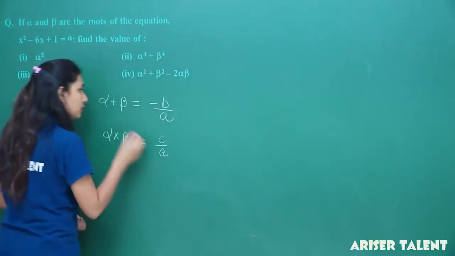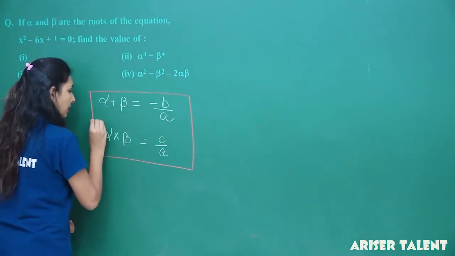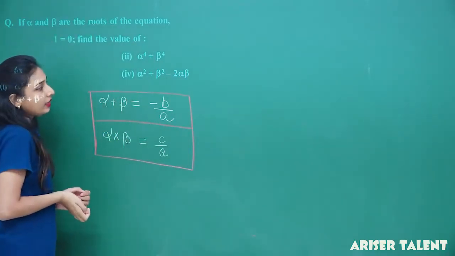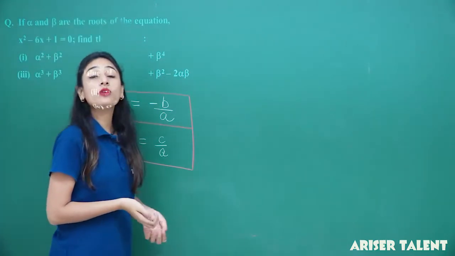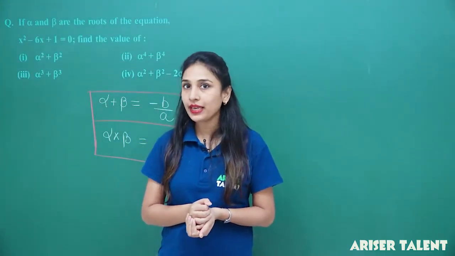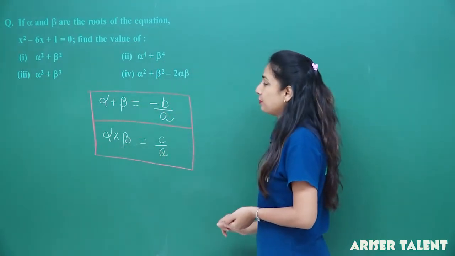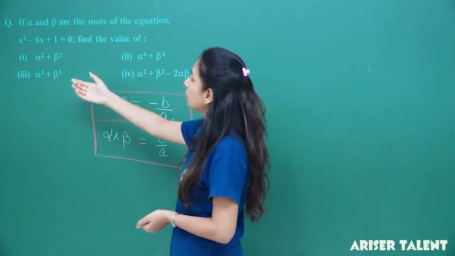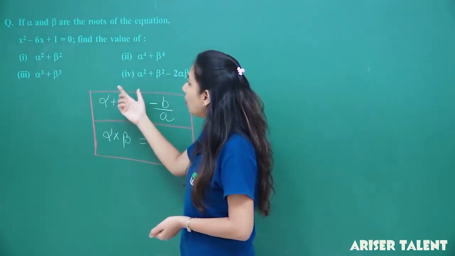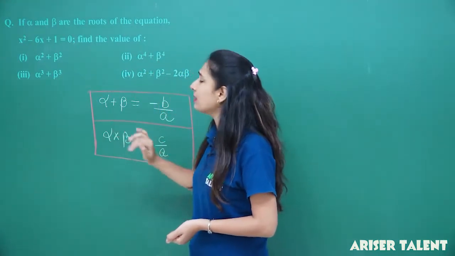Right. So, these were the 2 basic relationships between the coefficients of an equation and the roots of an equation. Okay. So, what will I do now? I will use these expressions to find out the value of these. Now, if I look at it, it's looking nothing like this.